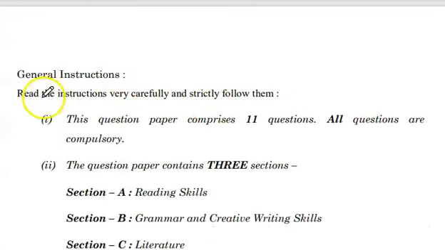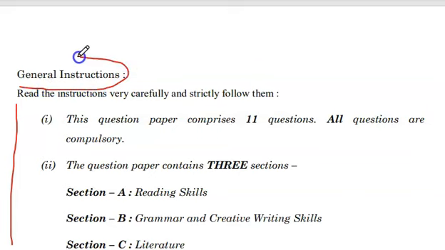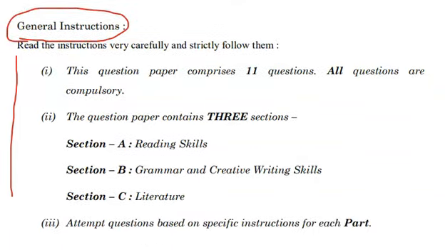Now these are general instructions. You must be aware of these general instructions because you must have read these instructions on the question paper that would have been given to you during your mock examination. So your question paper contains 3 sections.